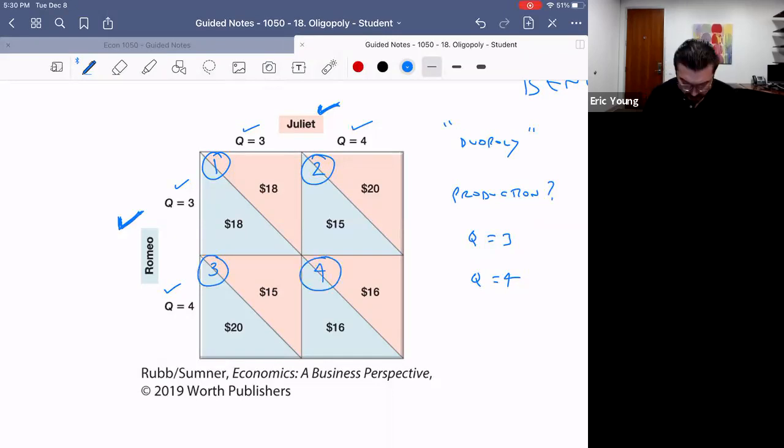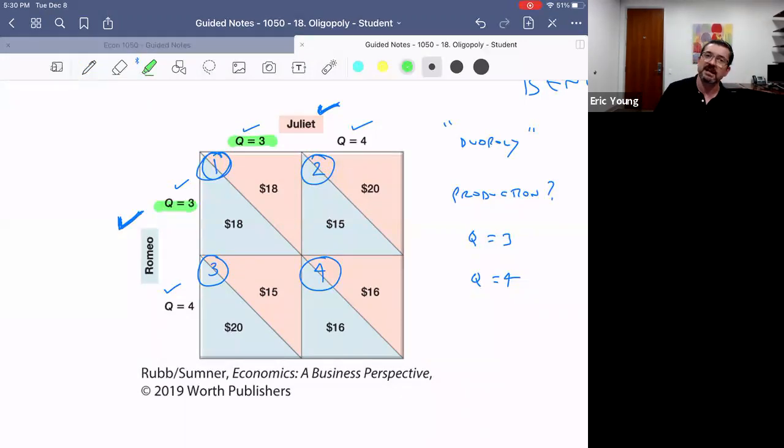As an example, as you look at this, let's say that we're talking about box 1. Box 1 is the payoff matrix. It's the benefits, it's the results, it's the outcomes if, because we're here in box 1, Juliet decided to make 3, and so did Romeo.